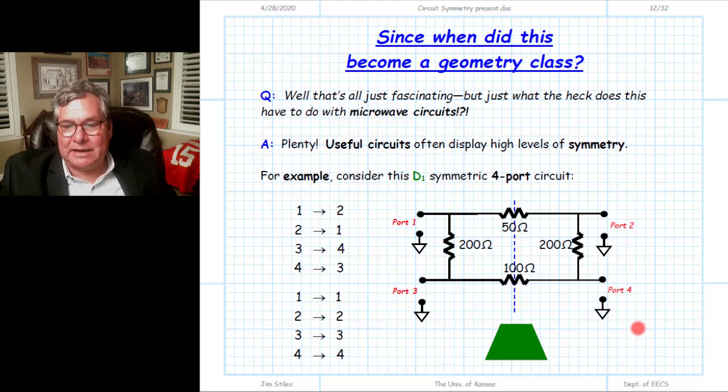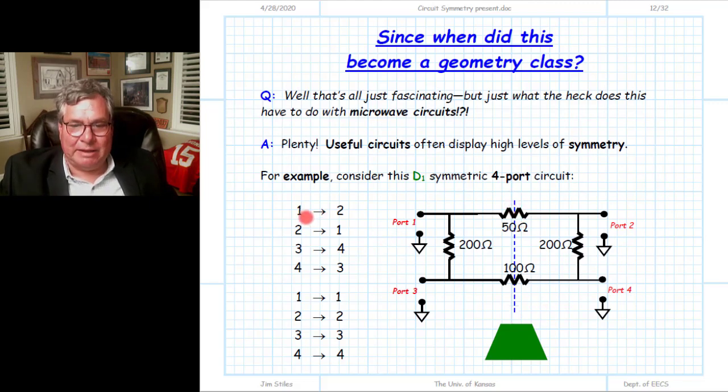We look at this one, and it has a single plane of reflection symmetry. If we reflect across this plane, this 200 ohm goes to here, and 200 ohms goes here. The 50 ohm resistor just flips, so it remains the same, likewise for the 100 ohm. And so the labels, port 1 and port 2 and port 3 or port 4, we could simply interchange without really changing the structure of the device because of this symmetry.